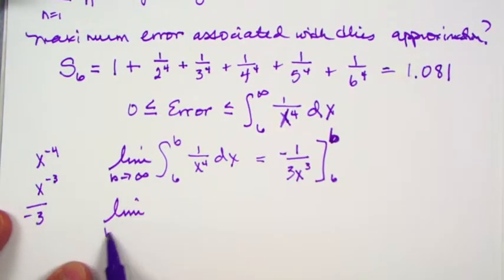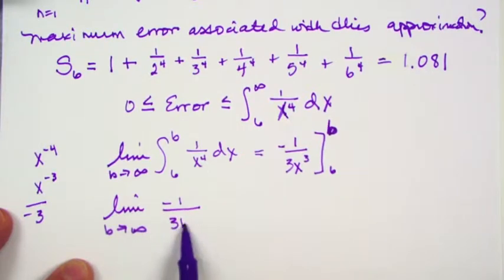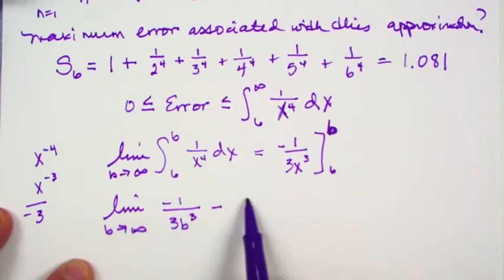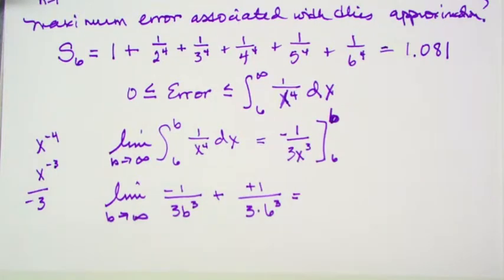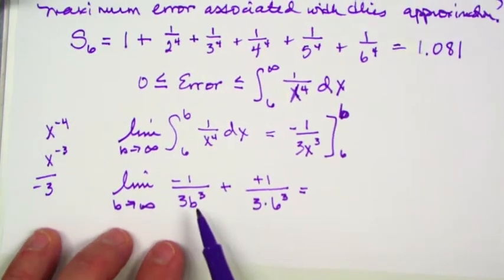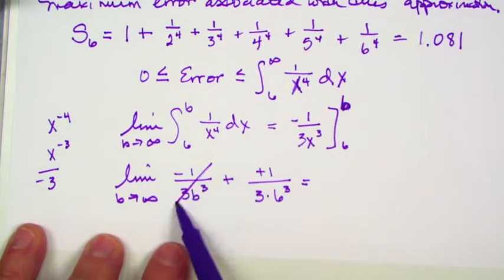Which is the limit as b goes toward infinity of negative 1 over 3b cubed minus negative 1 over 3 times 6 cubed. So as b goes toward infinity, what does this term go to? 0.